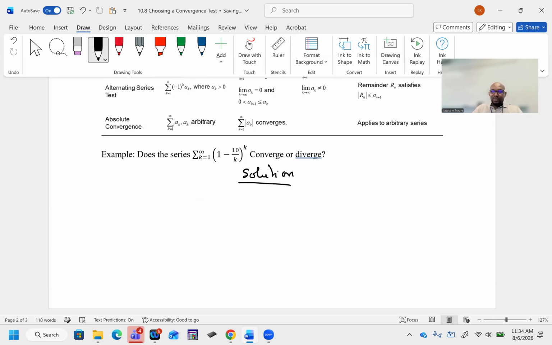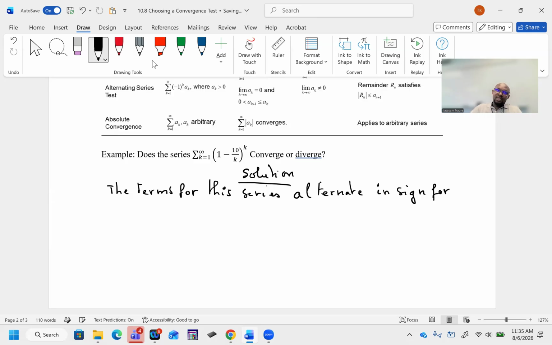So you can see the terms of this series will be alternating in sign for k less than 10.